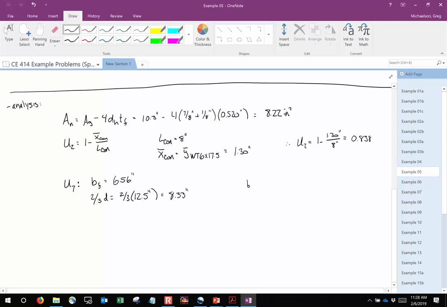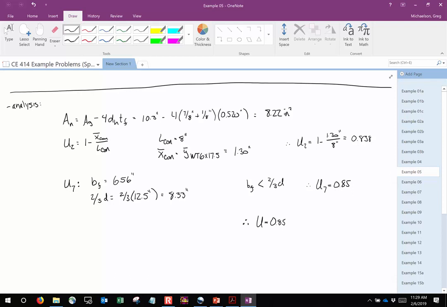So BF and 2/3 the depth, that's bigger. And so what's U for case 7 going to be? What U value do we use? 0.85. Are we okay on that?